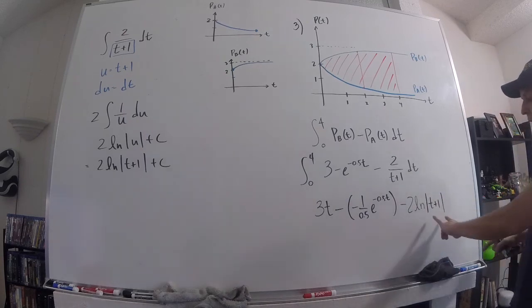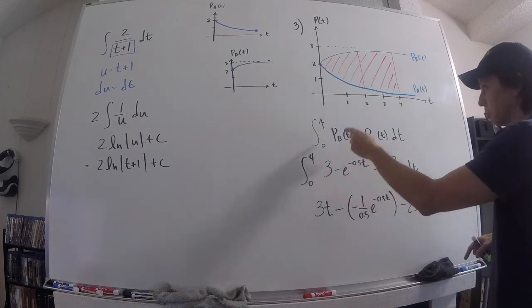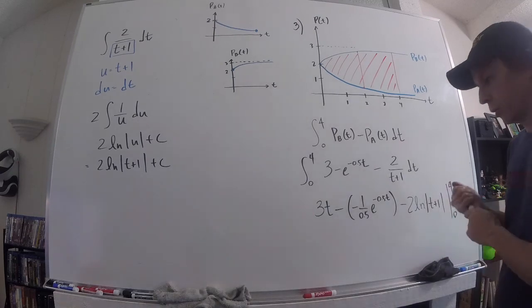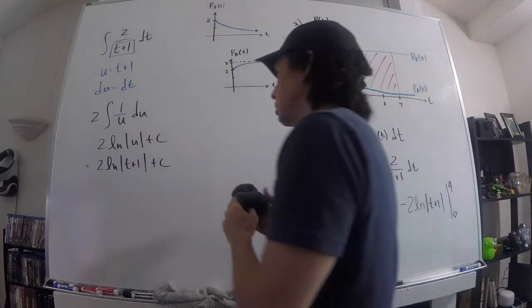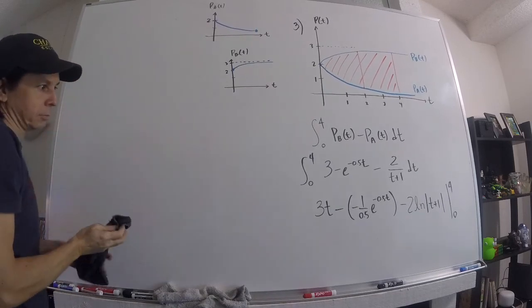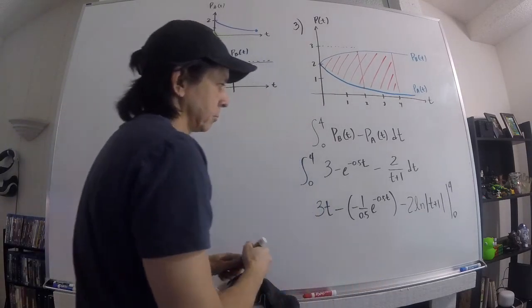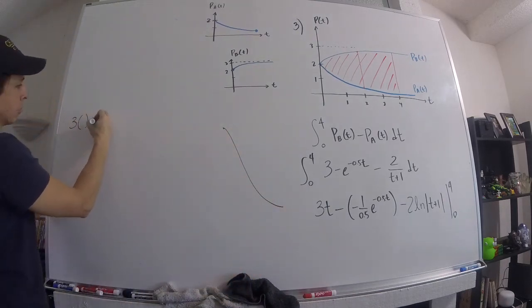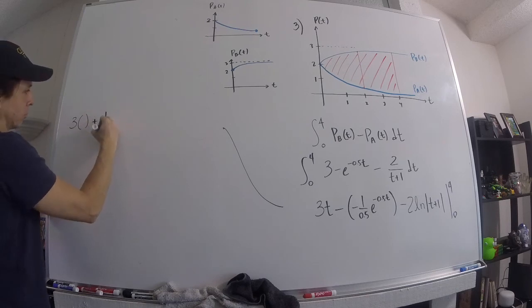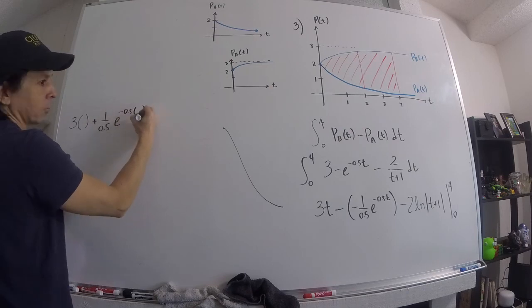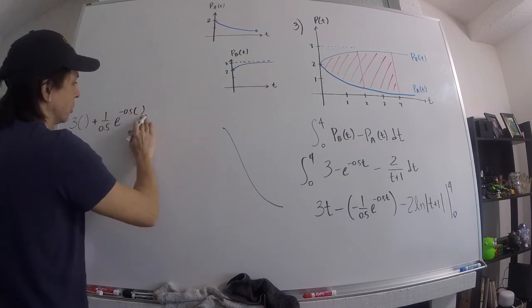And absolute value is not necessary because we're only going to be using positive t's from 0 to 4, so I'll drop it later. 0 to 4, and I've got to plug in, and it's not nice, but we are doing a decimal approximation, and I'll do it here. Oops, minus.